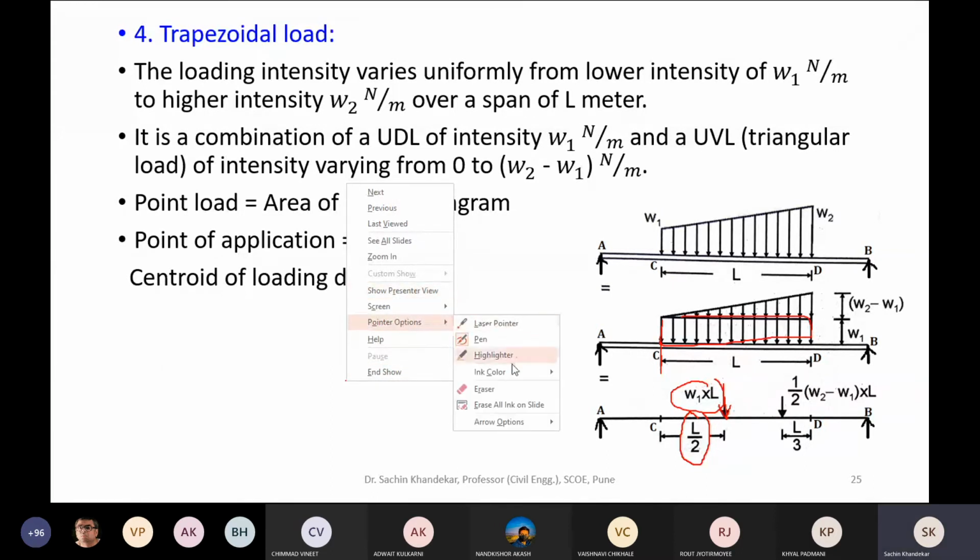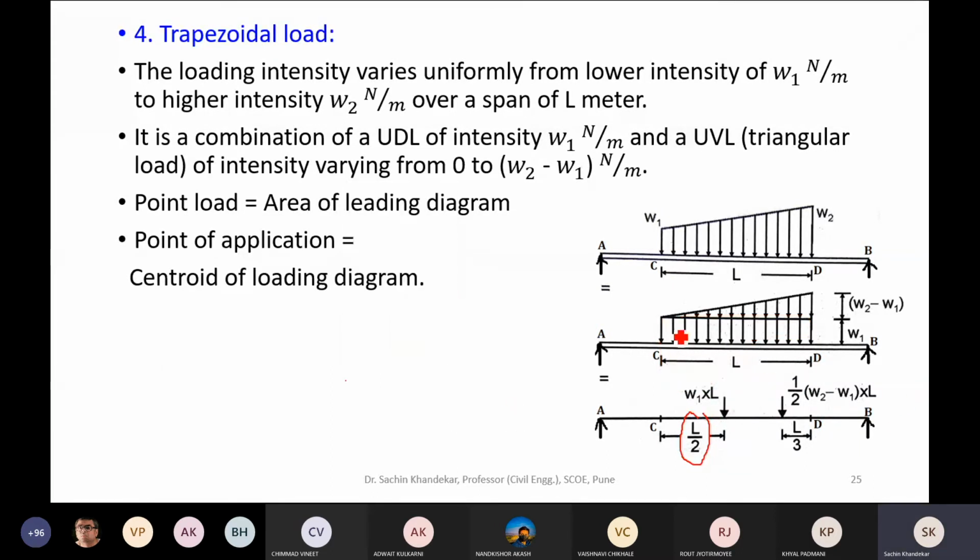Then the next one is the triangular loading. Please note that we are considering these two loads separately. Now I am concentrating only on this triangular loading. Forget the UDL, the lower rectangle. Now convert this triangular loading into a point load.